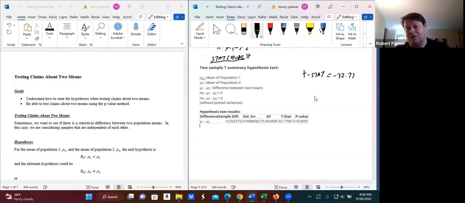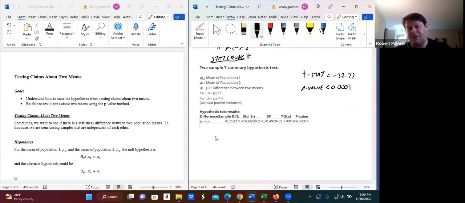So obviously we're going to be rejecting here. And then the p-value is not equal to, it just tells us that it's really small. It just tells us that it's less than 0.0001. Less than 1 in 10,000.